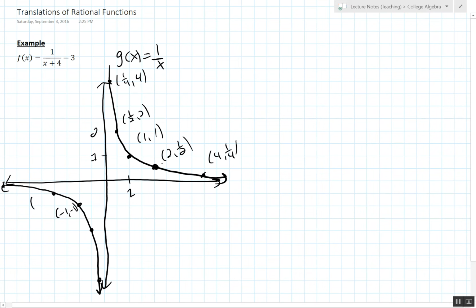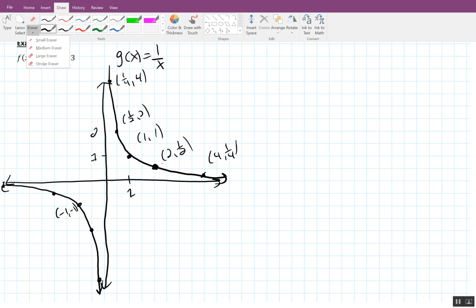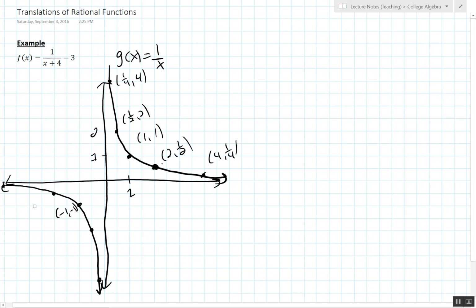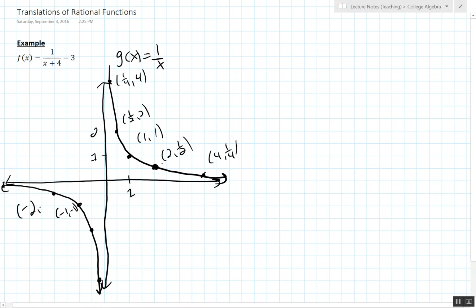We have -2.5. This is -2.5. This point over here was -1/4, -1/4. We have -0.5, -2, and -1/4, -4.